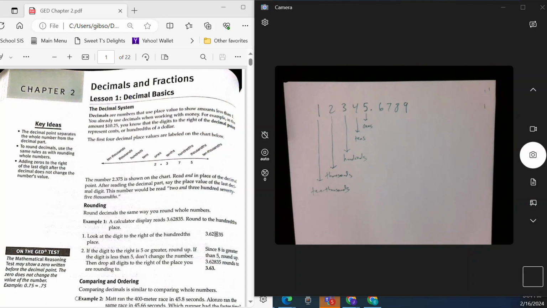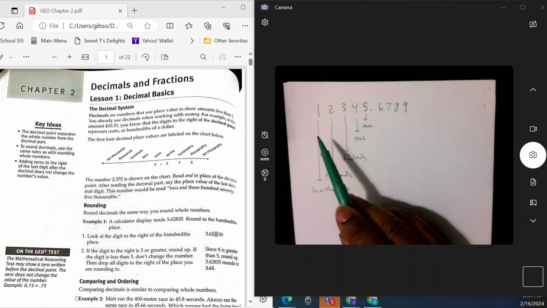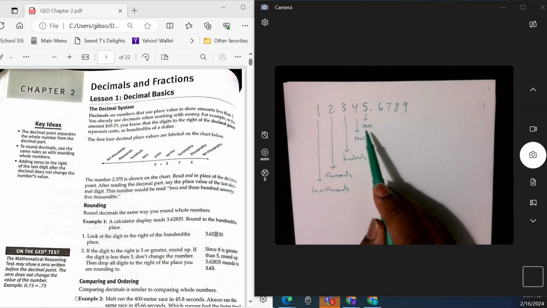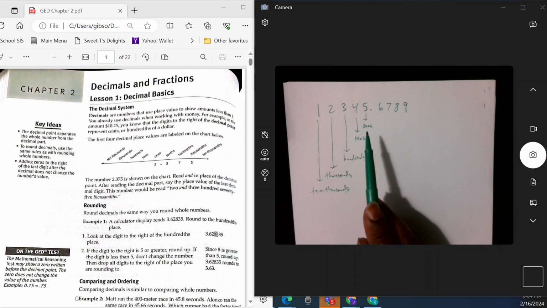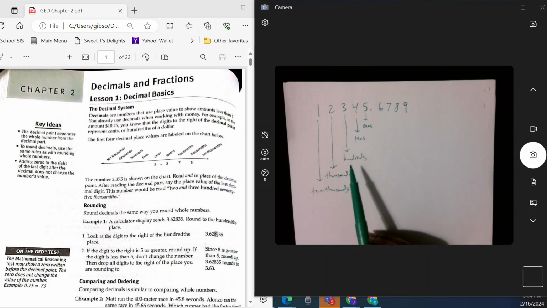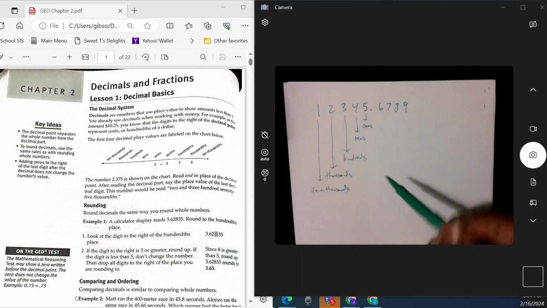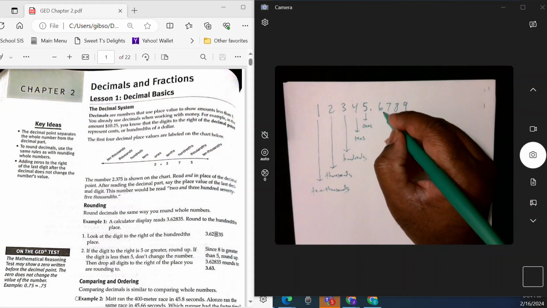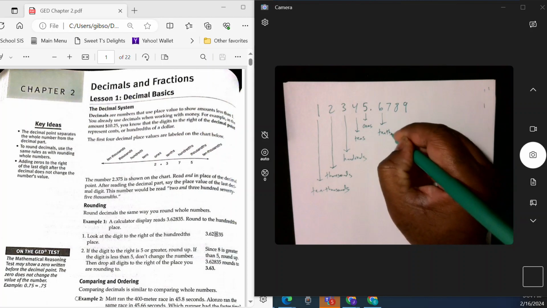Now, behind the decimal. One thing I did say before is that behind the decimal, it kind of mirrors what's in front of the decimal, except for there is no ones place behind the decimal. All of the place values you see in front of the decimal, except for the ones place, appear behind the decimal, but with TH or THS behind them. So for instance, since there is no ones place behind the decimal, this would be tenths with a TH.